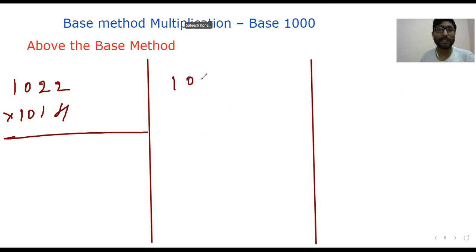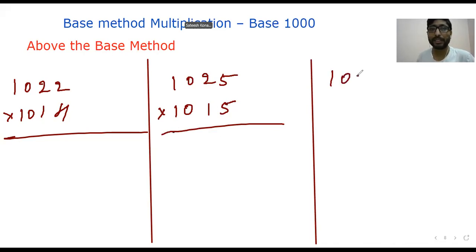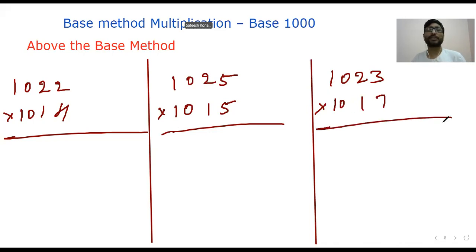Okay, 1025 multiplied with 1015 will write. Okay, little big numbers, right? 1023 multiplied with 1021, or 17. Okay, 17 will write.